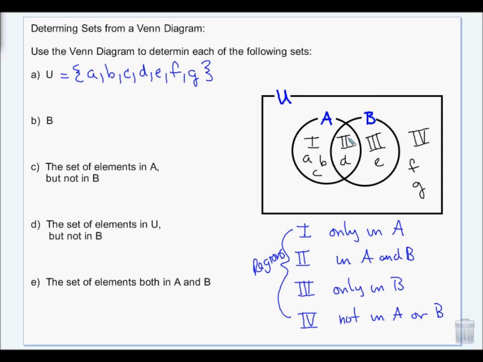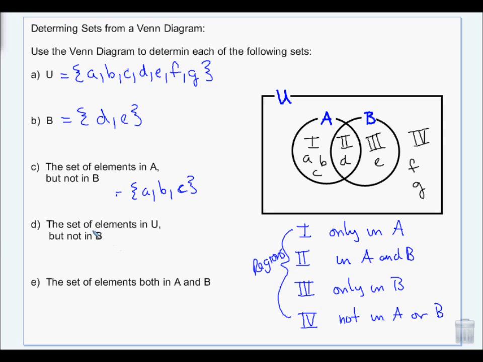So that includes the overlap and the part that's only in B. So B is D and E, right? Because that's everything that's inside this circle. Sets in A but not in B. Okay, well, A would be all of this. But we don't want the part that's in B. So we're just going to use like the moon, right? Yeah, so it's A, B, and C.